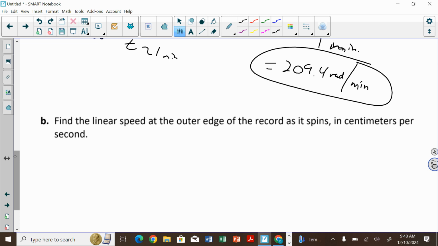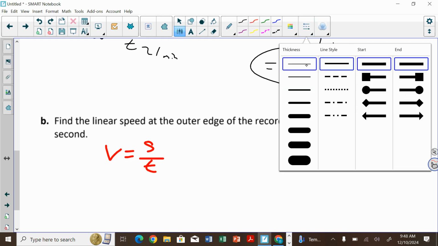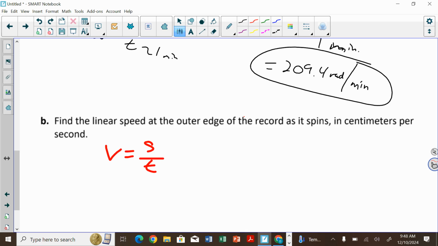So what I'm doing here now is V equals S over T. But now, unlike the last problem, the speed didn't change. Speed stays the same. So the revolutions are the same per minute. So I've already got that right here. So I can bring that down, and that's going to stay as my theta, my angle of revolution, because the speed didn't change.